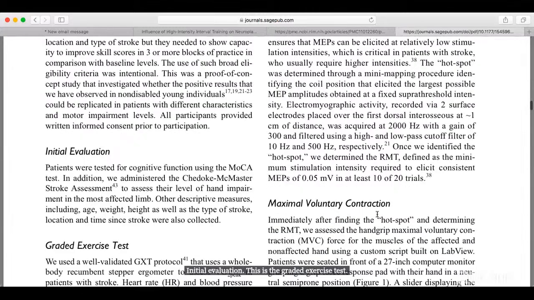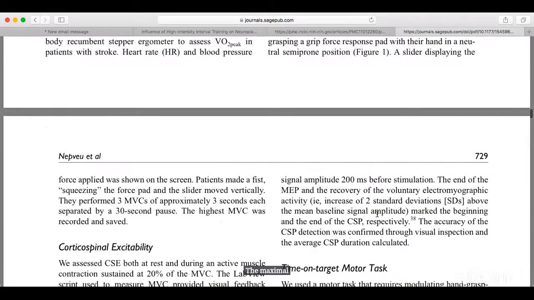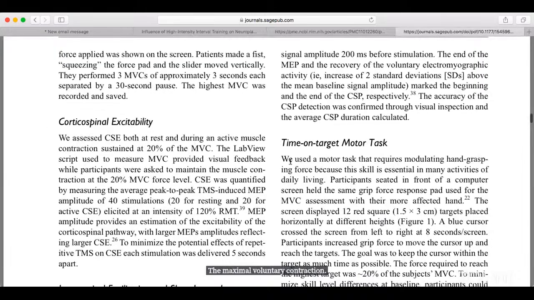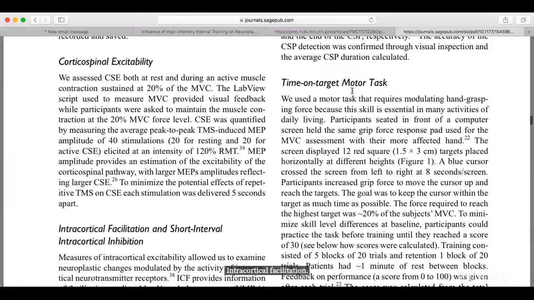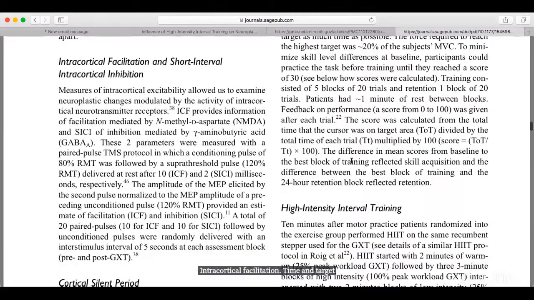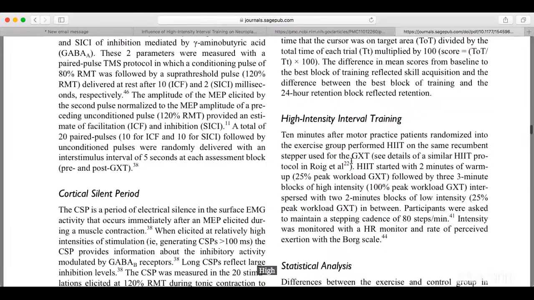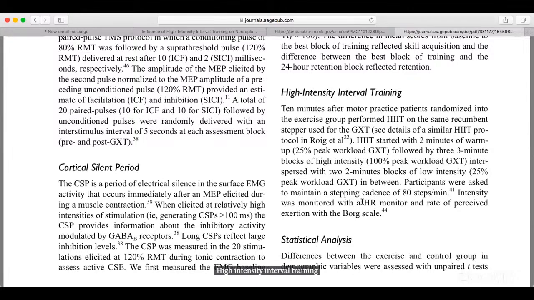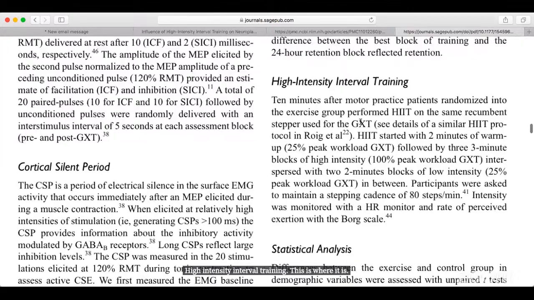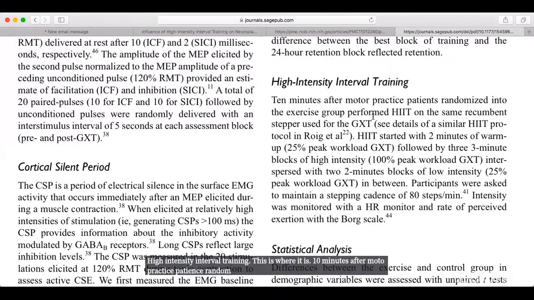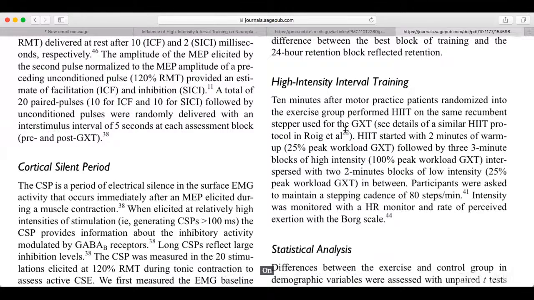The maximal voluntary contraction, corticospinal excitability, intracortical facilitation, time on target motor task, high intensity interval training. This is where it is. 10 minutes after motor practice, patients randomized into the exercise group performed HIIT on the same recumbent stepper used for the GXT. Because remember, they did the GXT earlier.